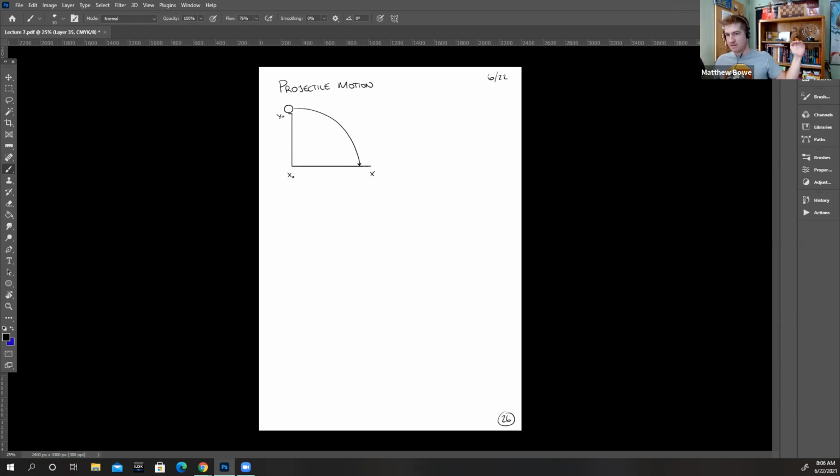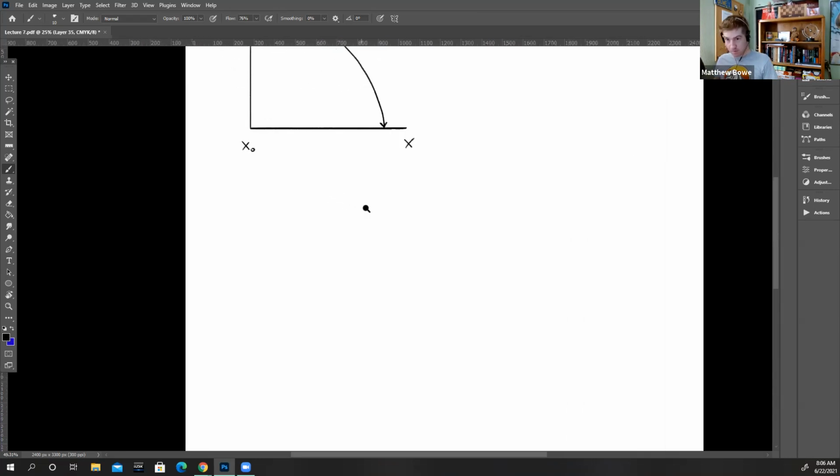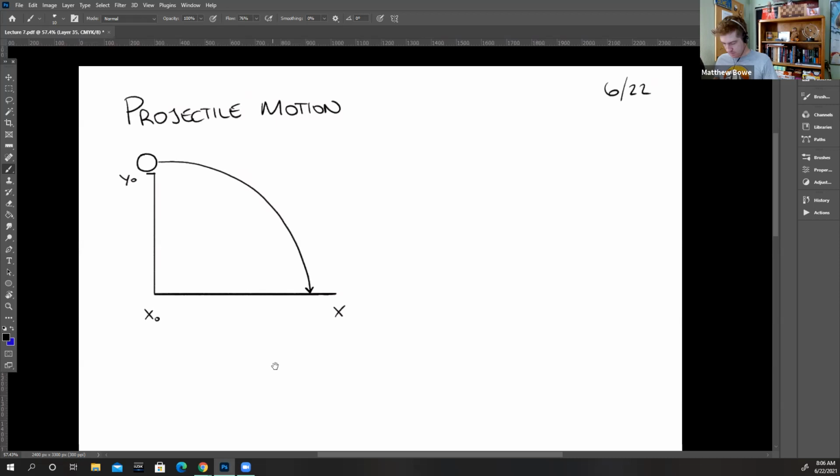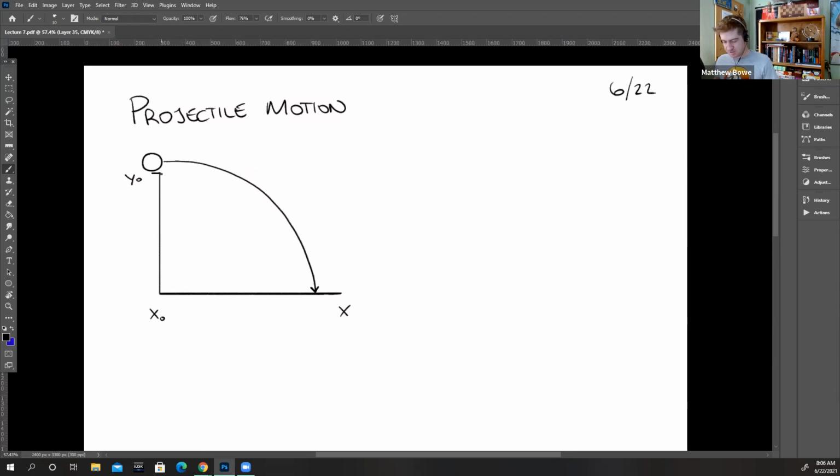So at some point it is moving horizontally, and then right as it reaches the edge, let me zoom in, right as it reaches the edge, it will begin to start falling downward. However, it still contains its horizontal velocity.